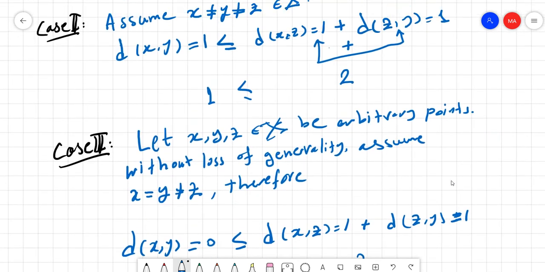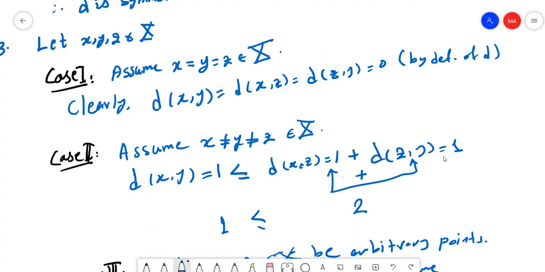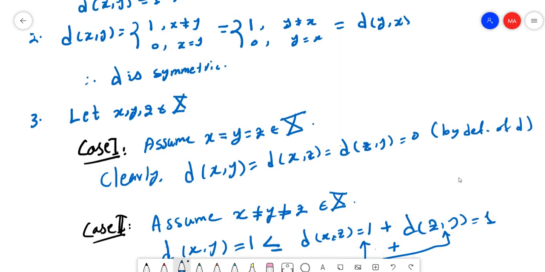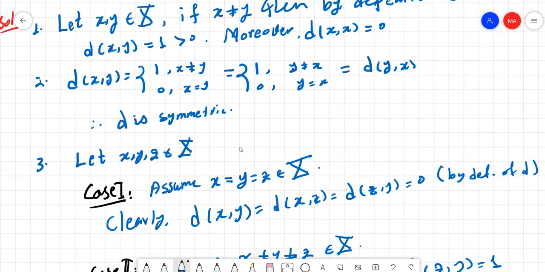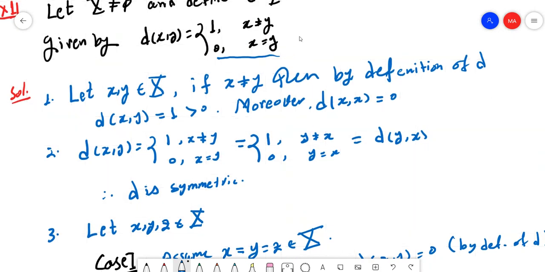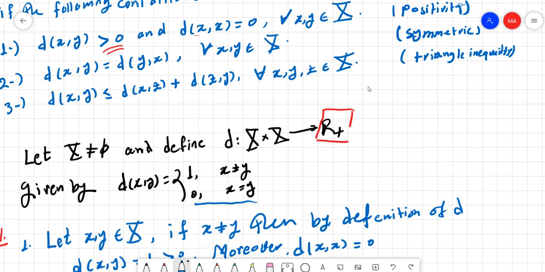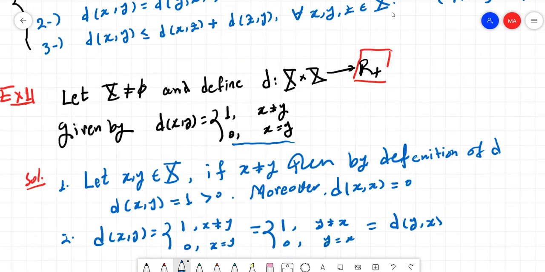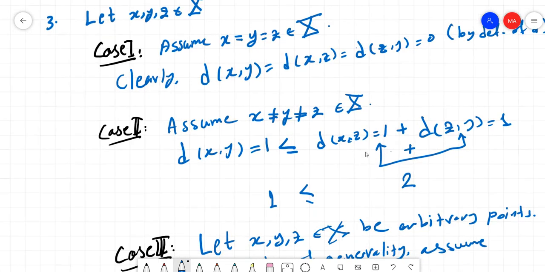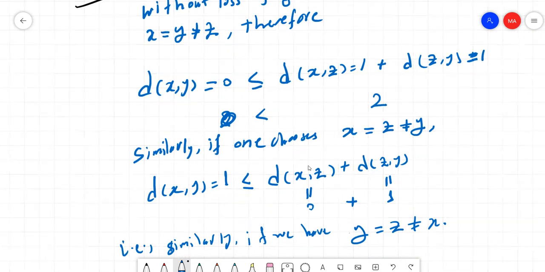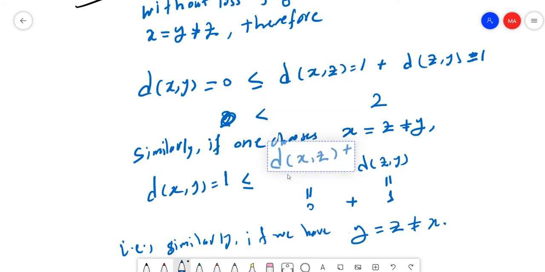There are no more than 3 cases in this third condition, the triangle inequality. Let us check another example.